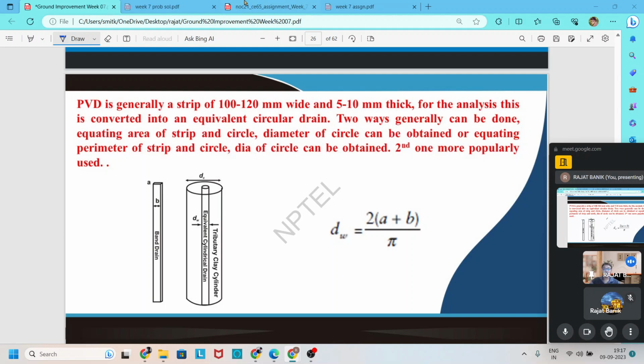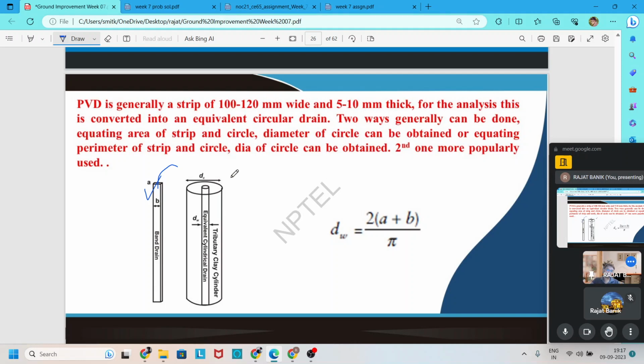If you see in our pictures, here is one of the prefabricated vertical drains. So we need to convert it into the equivalent radius of the circular drain, because all our theory is for the circular drain.